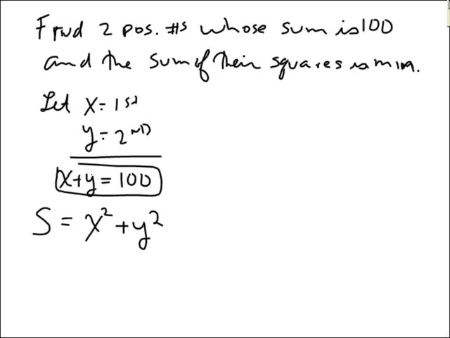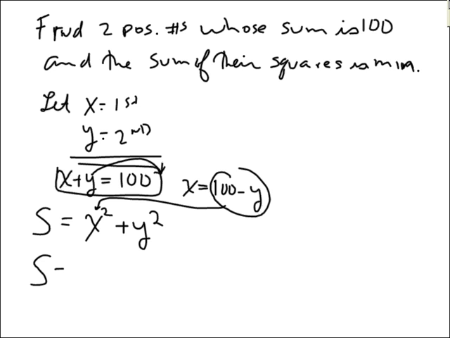We can solve for x by bringing y over, so x is 100 minus y. This is another way of writing x, which I'm going to put in that other equation. So s is equal to (100 minus y) squared, plus y squared. 100 squared is 10,000, that is 4 zeros.